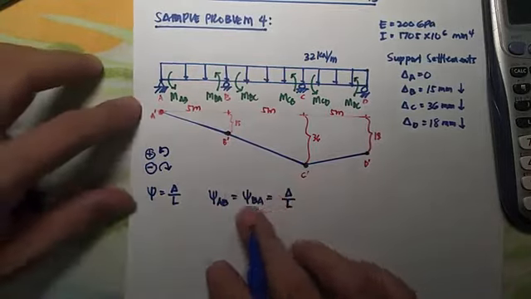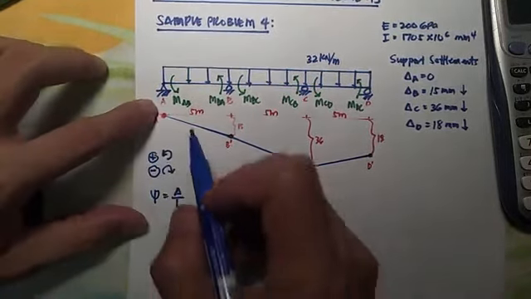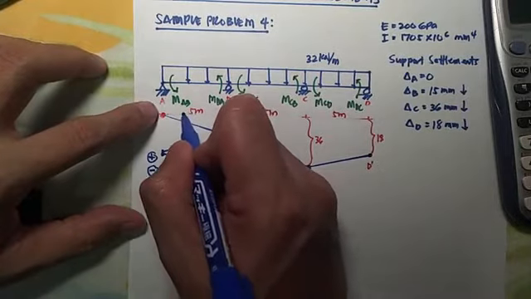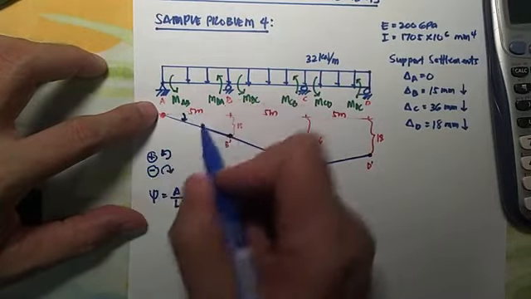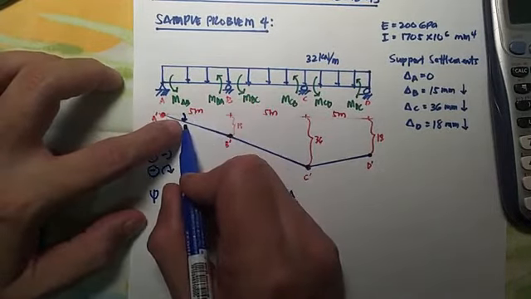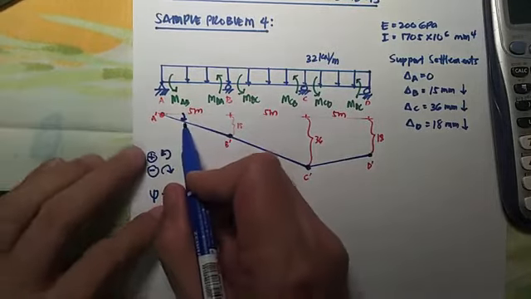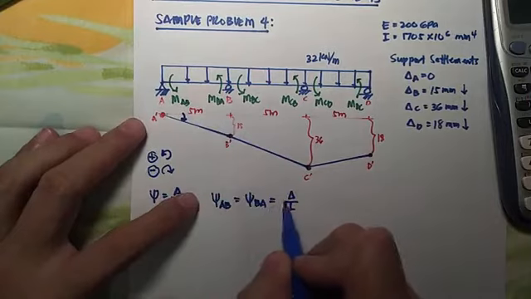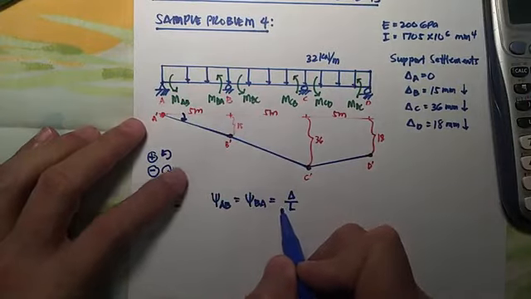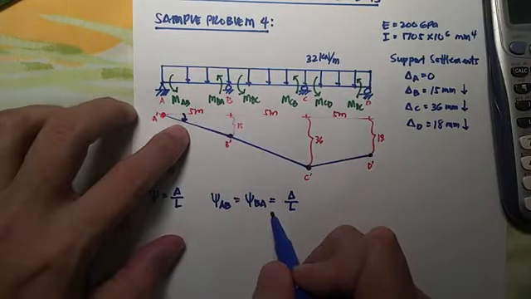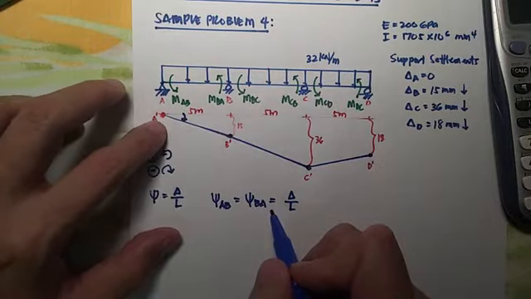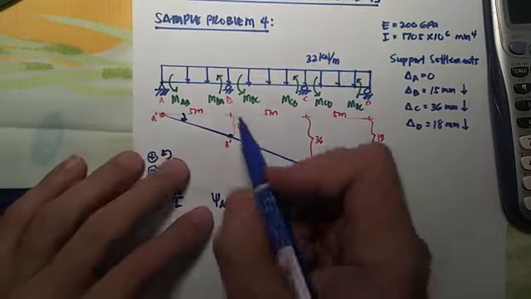Let's say, kunwari for AB, diba from the original position, ito siya, then napunta siya ron. So ang rotation is clockwise. Yan yung delta, that is the displacement created by displacement at B.